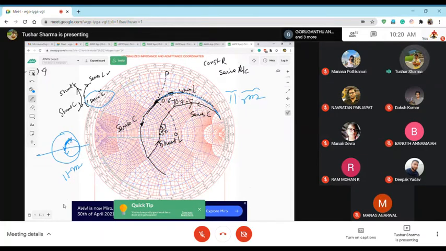That's why to move to another circle you need some kind of shunt element. That shunt element can go this way or that way, depending on whether it is anti-clockwise or clockwise. But you cannot use two series elements for matching because it just means nothing. You will have to come back on the same constant R circle.